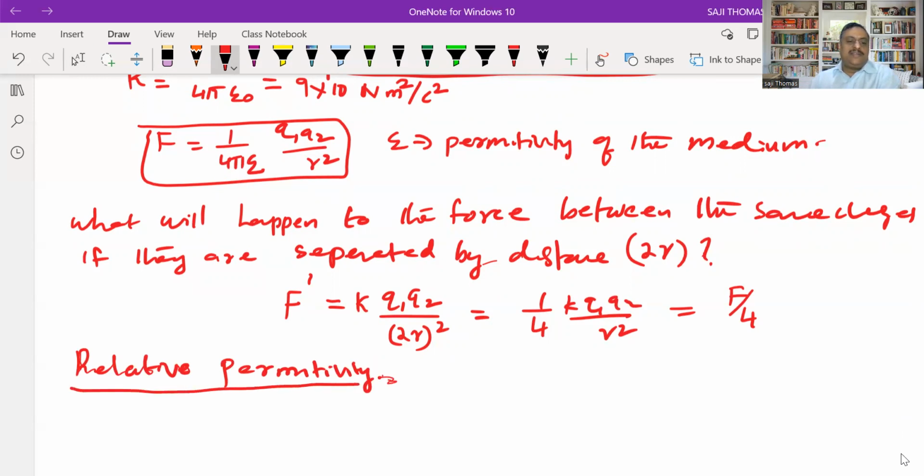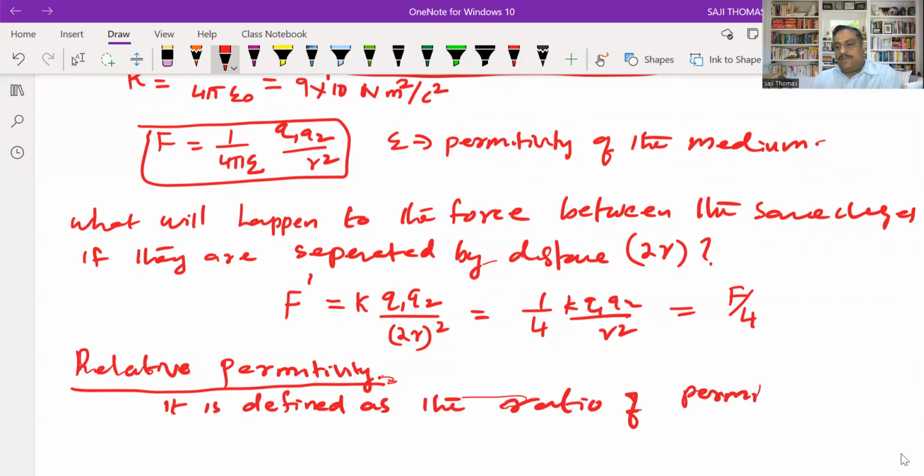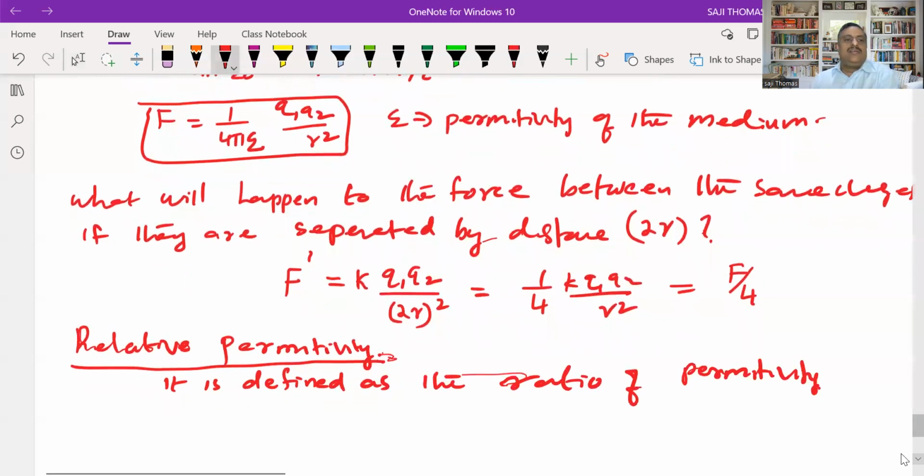Relative permittivity. What is the definition? It is defined as the ratio of permittivity of a medium.